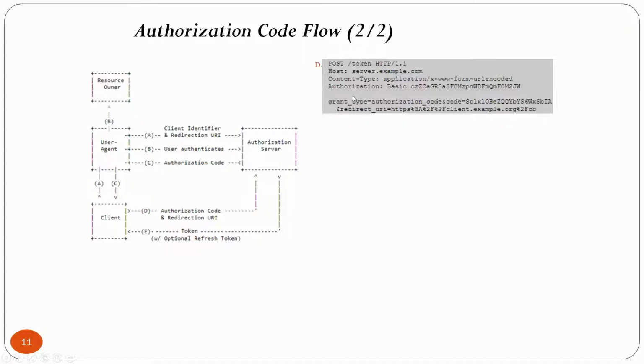One of these is the grant type. With this grant type, we are telling the token endpoint that we are using the authorization code flow. Another thing that we are doing here is passing the authorization code that we received in the previous step, you remember? And then we are passing again this redirect URI to the token endpoint.